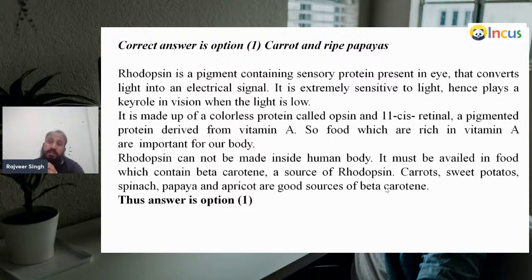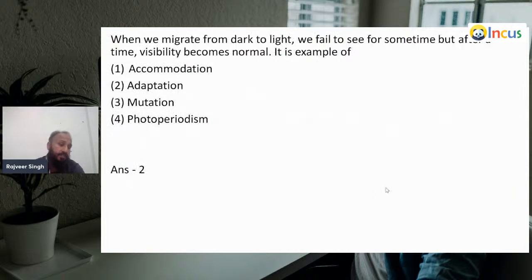Foods rich in vitamin A are important for our body. Rhodopsin cannot be made inside the human body, and it must be obtained from food which contains beta carotene, a source of rhodopsin, like carrot, sweet potato, spinach, papaya, and apricots, good sources of beta carotene. So after listening to this question, you should take carrot, sweet potato, spinach, and papaya in your daily routine for getting vitamin A.